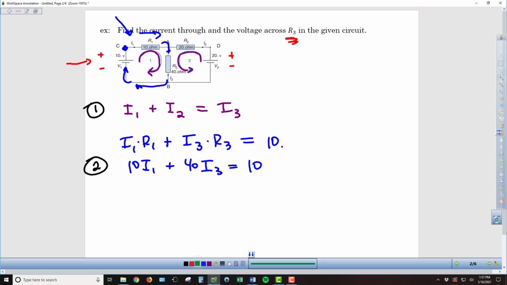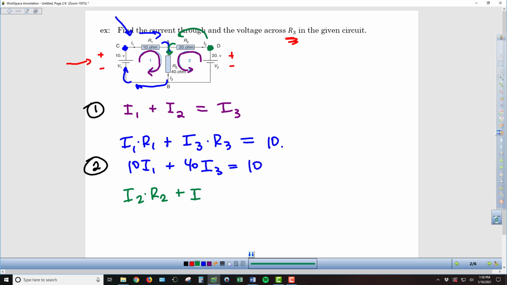And so now I'm going to do the same thing over here on this right-hand side, starting from point D, working my way around this loop 2. The first thing we have is a voltage drop across that resistor. So using Ohm's law, we've got I2 times R2 plus, now we continue, we go down through node A, and our next voltage drop is again through resistor 3.